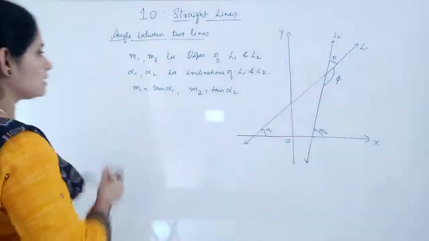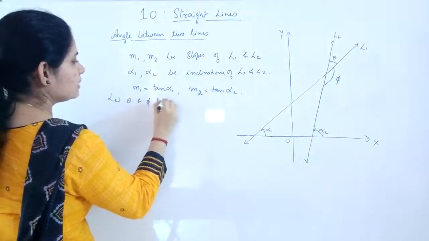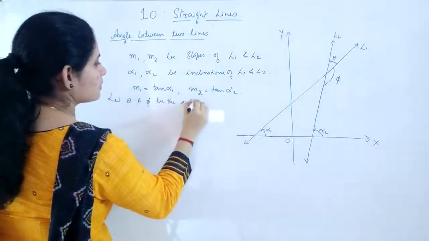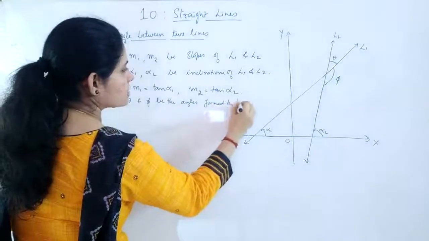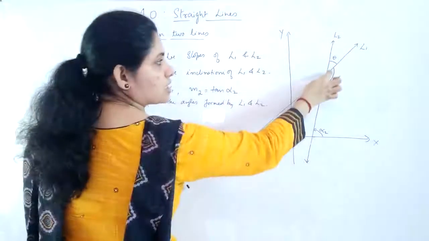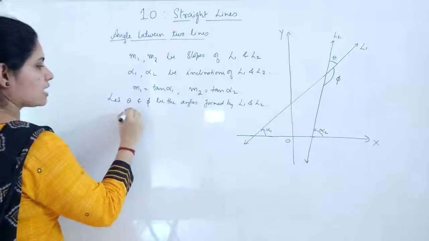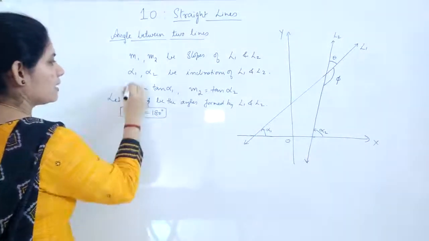So let theta and phi be the angles formed by the two lines L1 and L2. So according to this adjacent relation, we will get theta plus phi equal to 180 degrees.